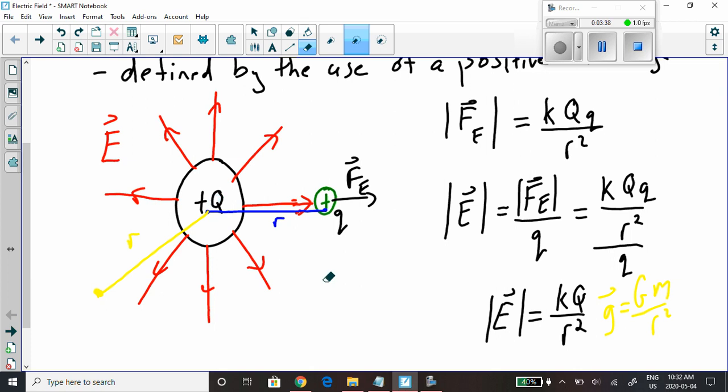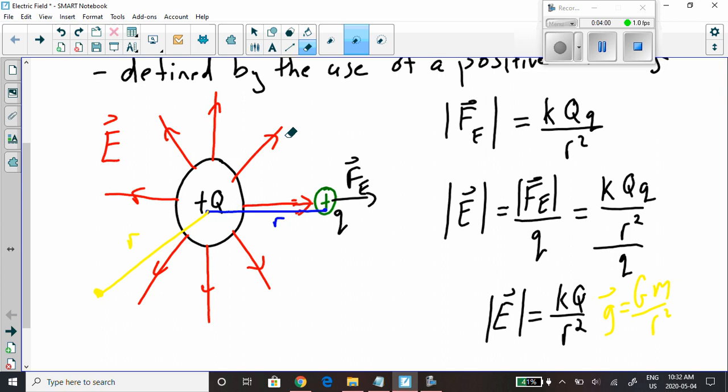One thing I want to stress here: the electric field exists here and here and here and anywhere, regardless of whether there's a charge there or not. Just because there's no charge right here and I'm not physically testing it at this moment, we still understand that there is an electric field.